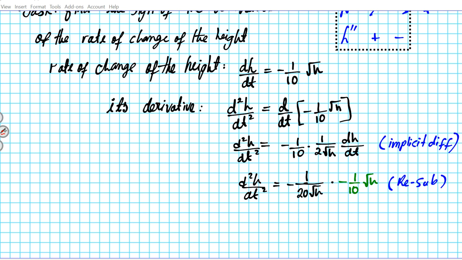But before we do that, let's see if we can make this look pretty. What do we have here? Oh, nice. These two root h's divide out. So you have d squared h/dt squared, the second derivative of height, equals, so minus minus is plus, 1 over 200. What do we care about? The sign. So this is greater than 0.